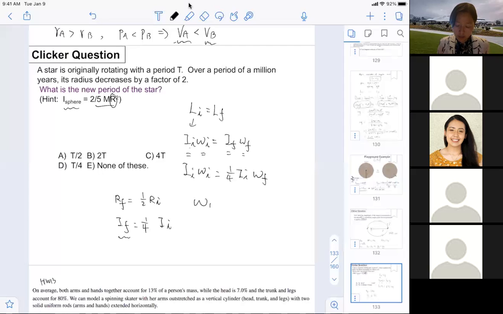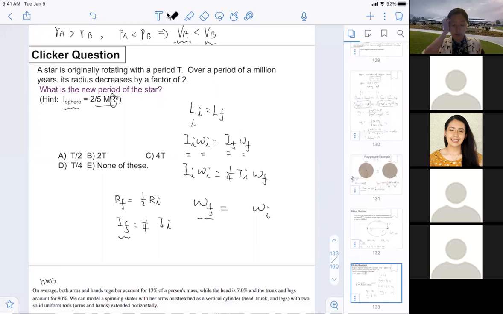So if I final is 1/4 of I initial, then how does omega final compare with omega initial? Do you think the star is now spinning faster or slower? Wouldn't it be speeding up since it's now closer to the center?